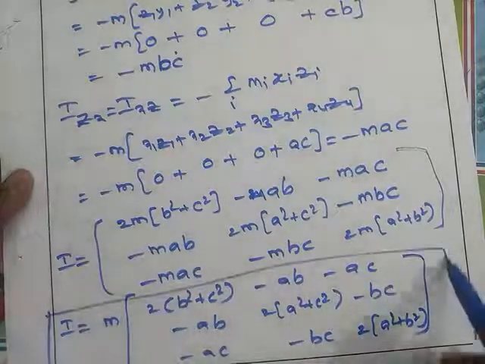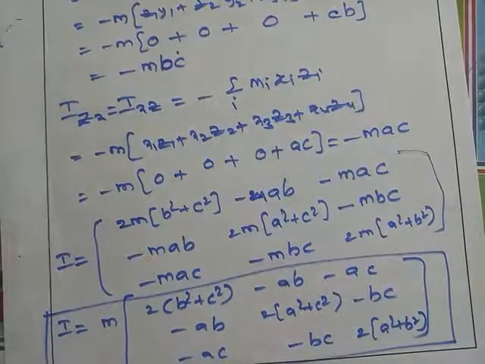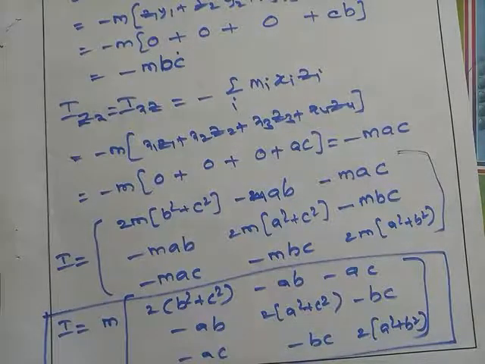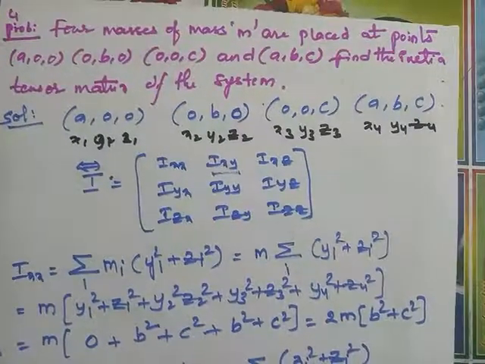This is our required matrix. In this way we'll solve all the problems. In the next session we are going to start a new lesson, central forces. I think you understand this topic very well.